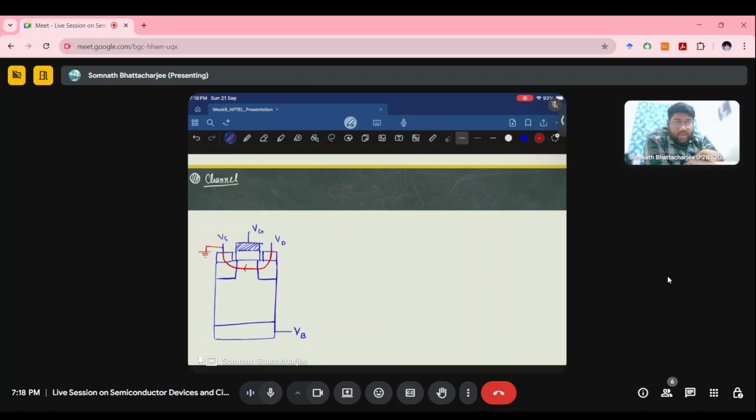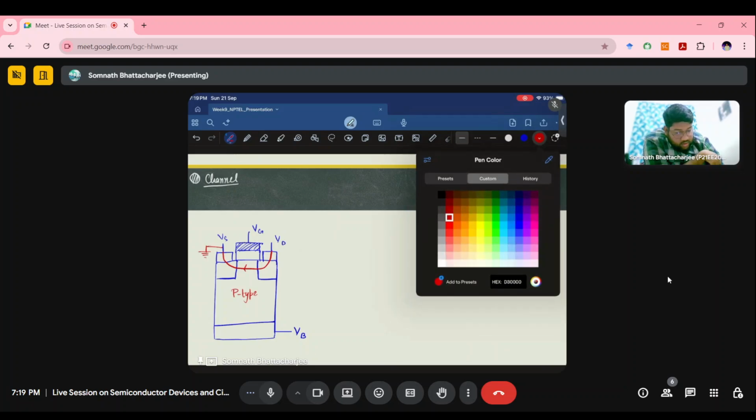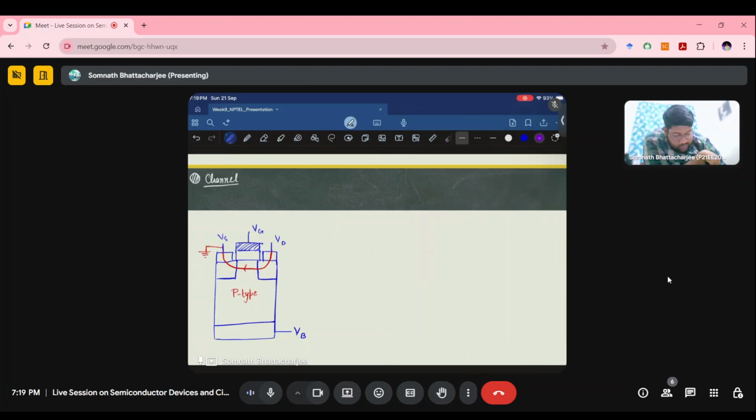To form this pathway, this is called the channel formation, because this is a basic p-type region. We need the formation of a pathway in this place that will promote current flow through this material. So this area is known as the channel.